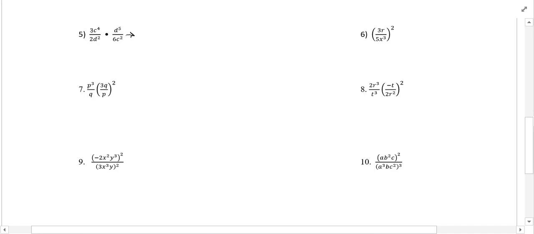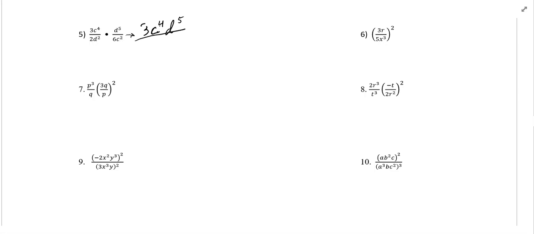When I multiply straight across, on the top, I get 3c to the 4th, d to the 5th. So then I have 2 times 6 is going to give me 12.